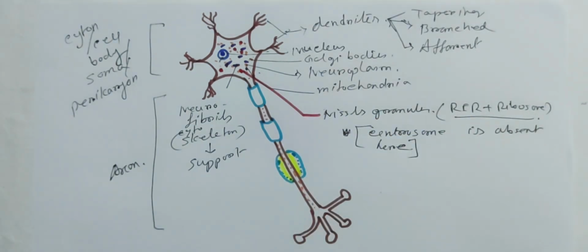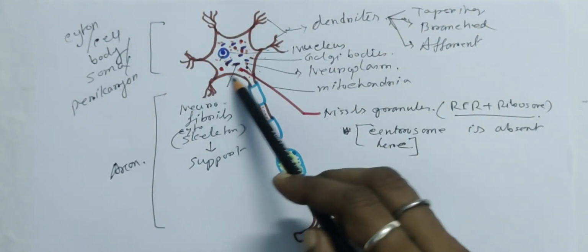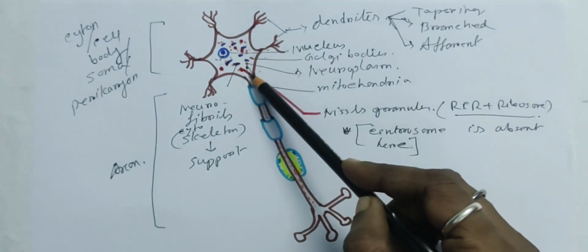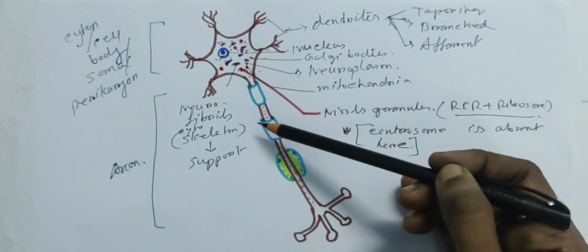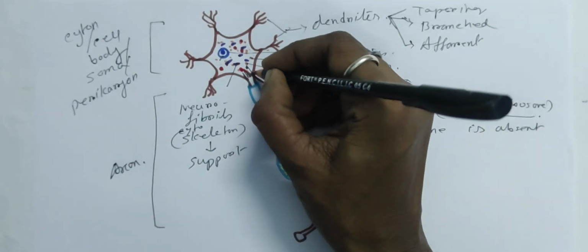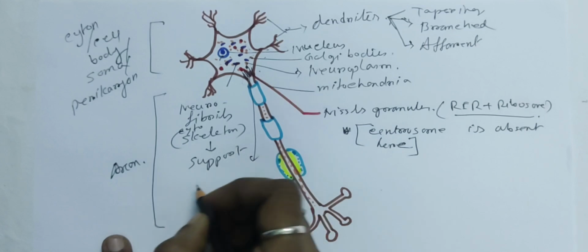Now come to the next part. After the cyton, the cell body, there is a junction between the cyton and the axon. That part is called the axon hillock.